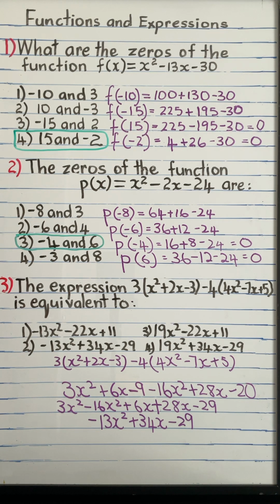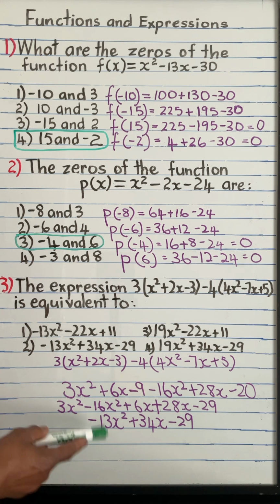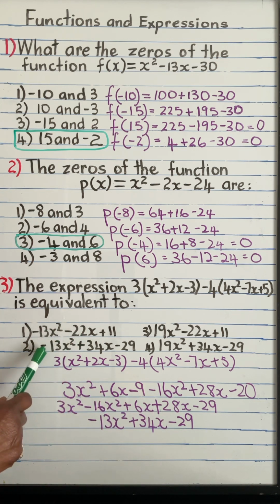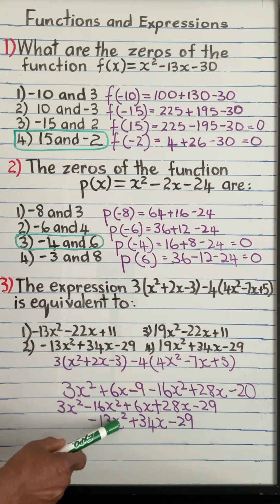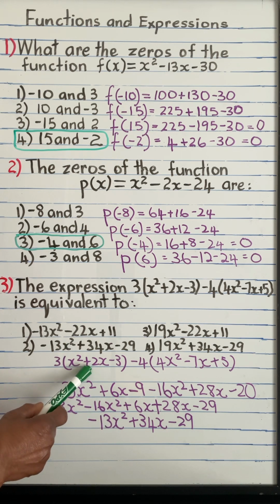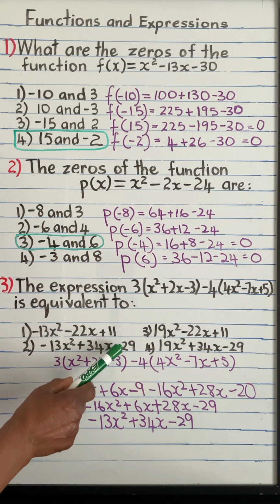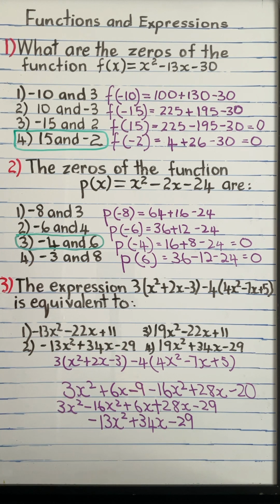Okay, everything looks good. So let's check to see which one of these is our correct choice. Negative 13x squared plus 34x minus 29.